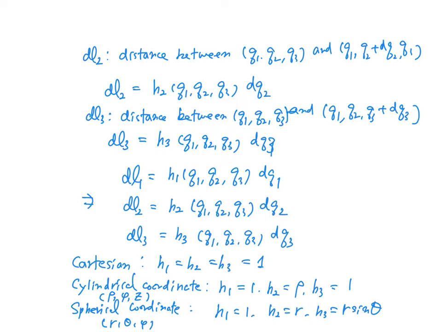And I derived why this is so in the last class, right? So I have the distance for the cylindrical and spherical coordinates.